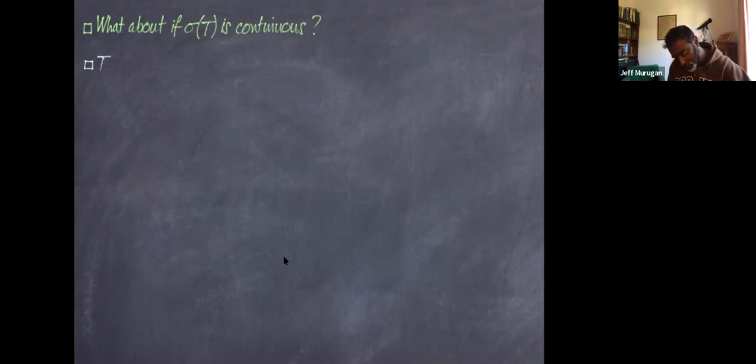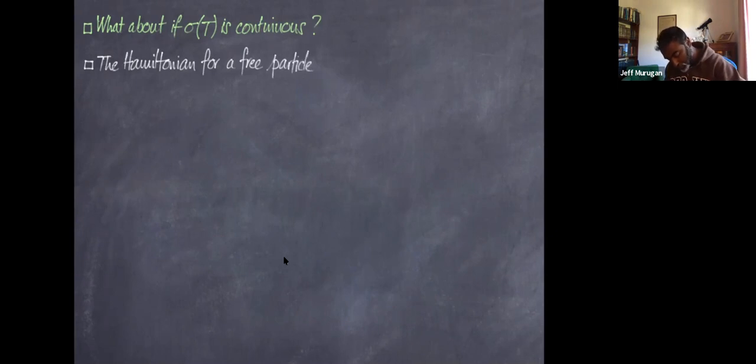So the Hamiltonian for a free particle on the real line, R, is simply H equal to minus d_x squared.